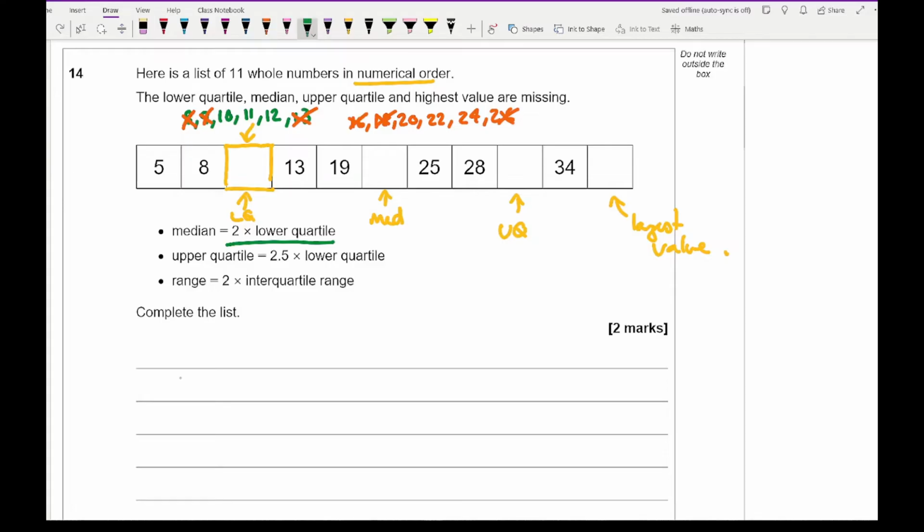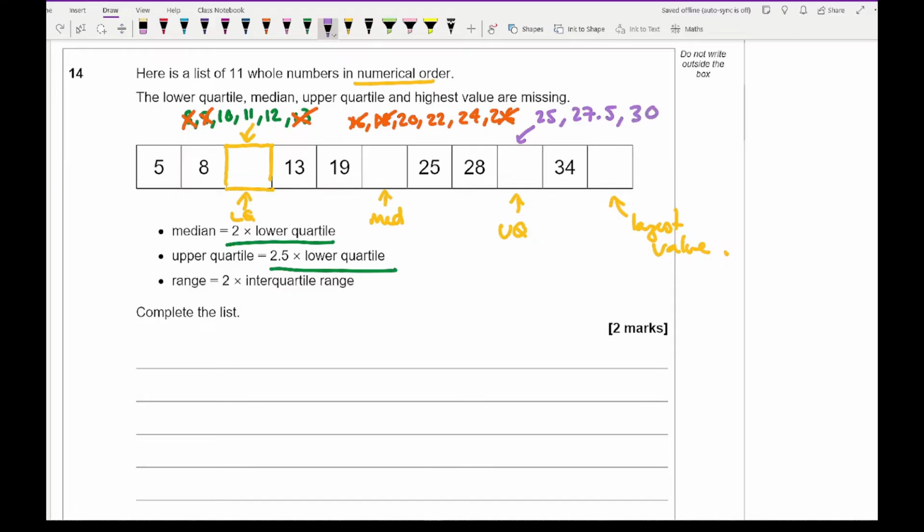Now if I move to the information about the upper quartile, or we can look at this information here, the interquartile range, which I can't work out because I don't know what the upper quartile is. So for the upper quartile it's going to be 2.5 times the lower quartile. So if I do 2.5 times 10, that's going to give me 25. 2.5 times 11 is going to give me 27.5, and 12 times 2.5 is going to give me an answer of 30.